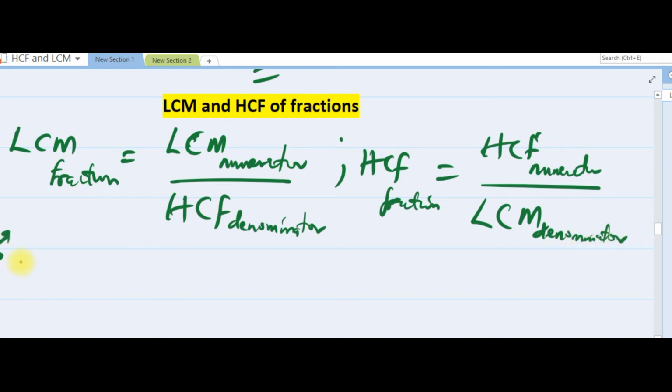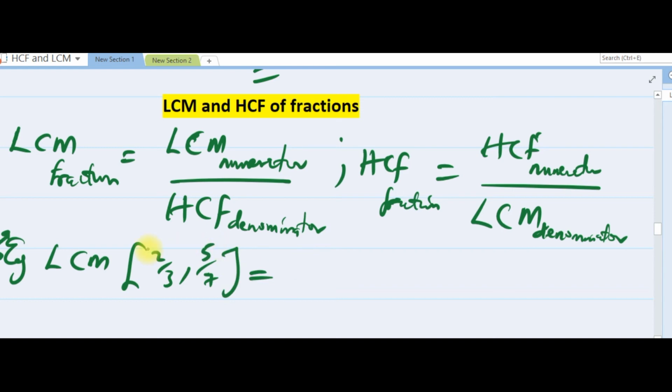For example, if someone asks you to find the LCM of 2/3 and 5/7, what's the LCM of 2 and 5? It's 10. And the HCF of 3 and 7 is 1. So our answer is 10.